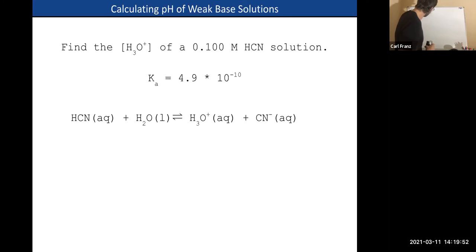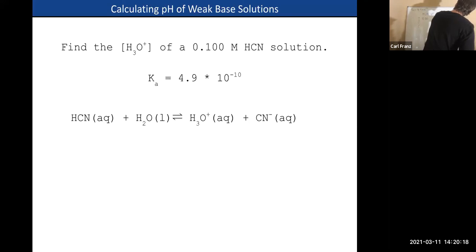Hydrocyanic acid going to hydronium plus cyanide. Concentration 0.1. This is 0. This is 0.